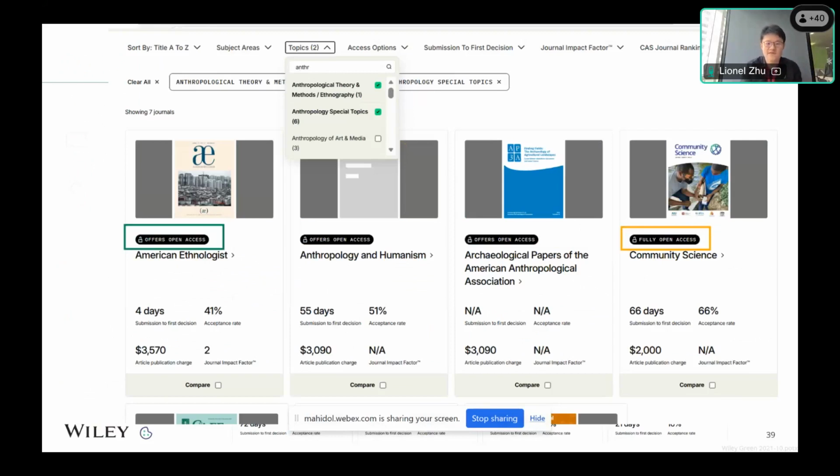If it says it offers open access, this is a hybrid journal. If it says fully open access, you need to pay the APC. But given our agreement on the transformative TA, the TA covers most of both the hybrid journals and OA journals. So anyway, feel free, and you are very encouraged to use this kind of journal finder, because it's very useful.